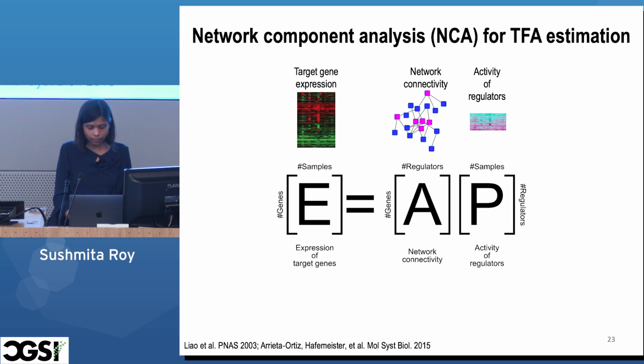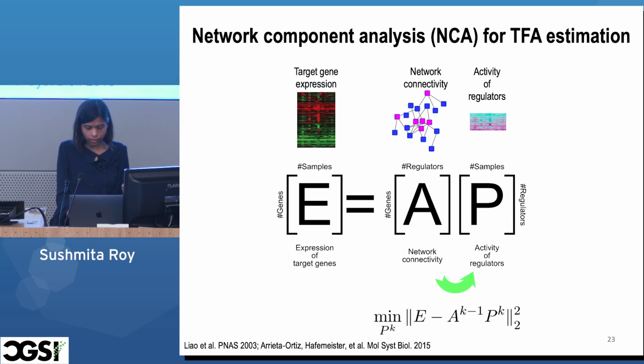So TFA is estimated using something called network component analysis. This was actually formulated several years ago. The general idea is you start with this A matrix, which is informed by an input network. Then you iteratively estimate, given A, estimate P; given P, estimate A, and you keep doing this until you're done.